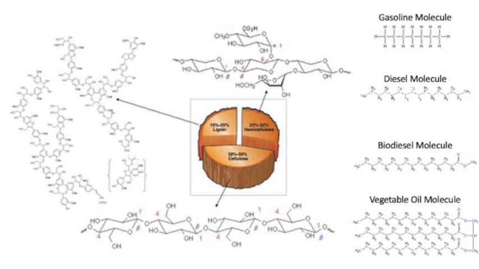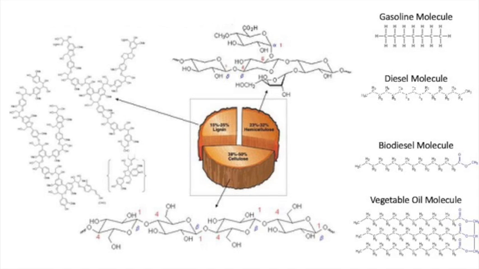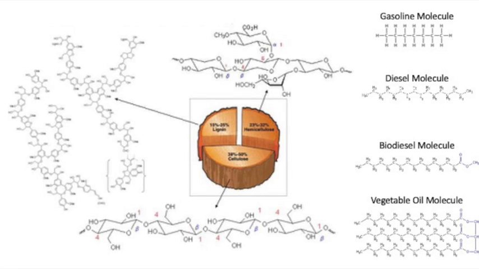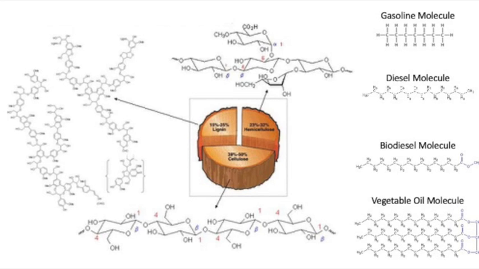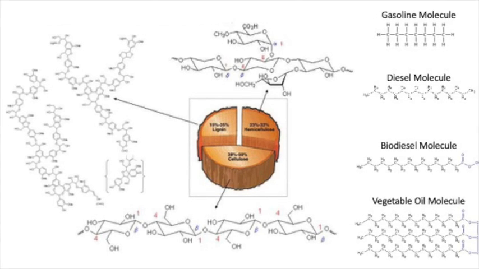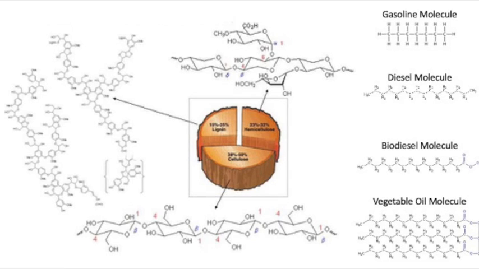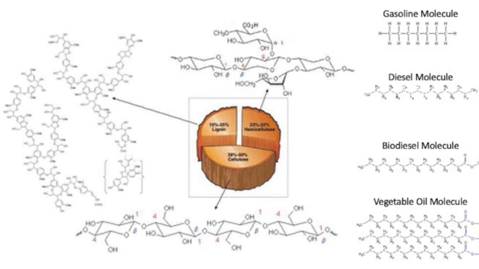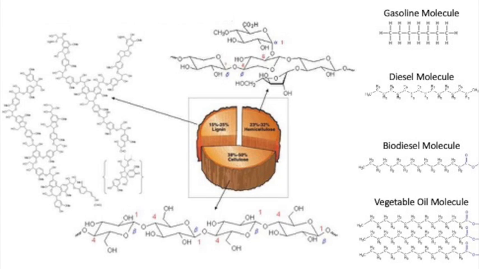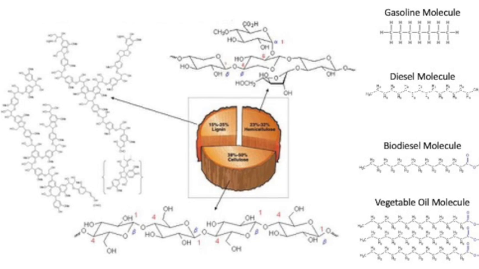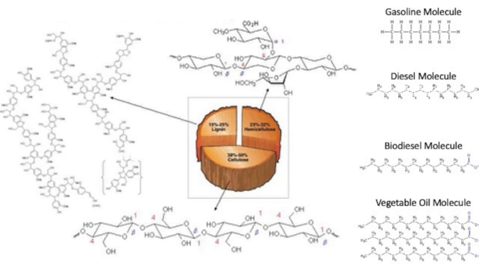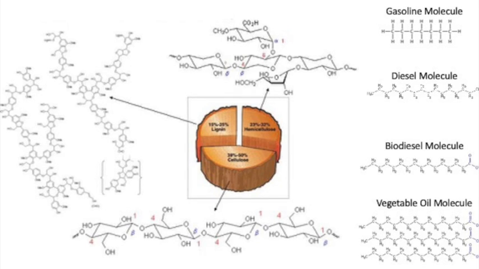You can see on the screen that wood is composed of 3 major components: cellulose, lignin, and hemicellulose. Each of those substances has its own chemical composition, and each one of those formulas is more complex than vegetable oil. But the periodic elements contained in the formulas are similar.